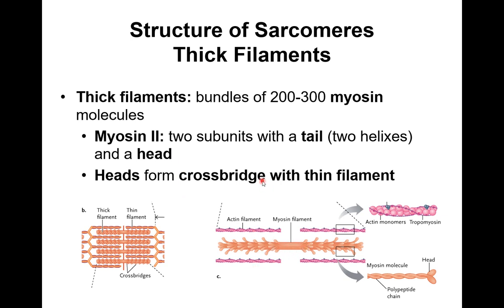The head is responsible for the connection with the actin filaments, the thin filaments, and ultimately, as you'll see later on, for the contraction, the sliding of the thick filament over the thin filament during contraction.